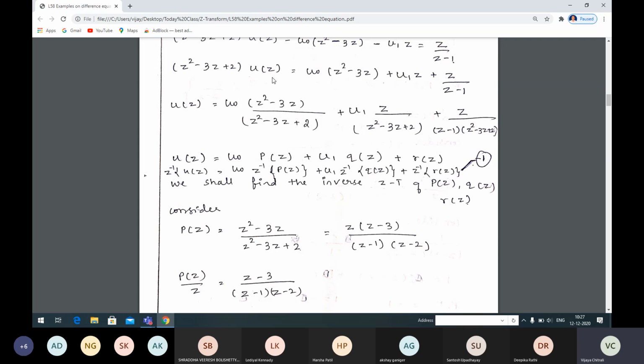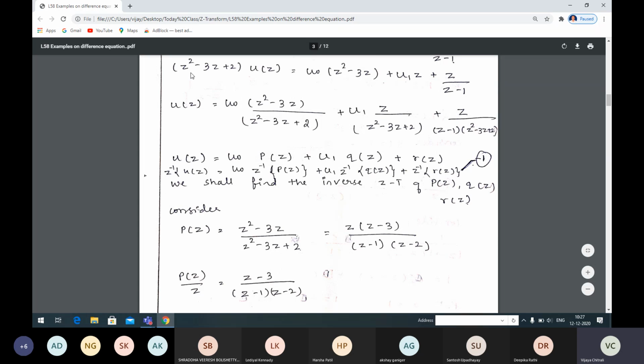We want u of z. So transfer z square minus 3z plus 2 from LHS to RHS, which means for each term we need to divide. Why divide? Because multiplication on this side becomes division on the other side. So we need to divide each term of the RHS by z square minus 3z plus 2.